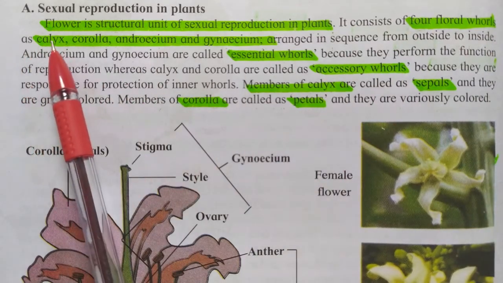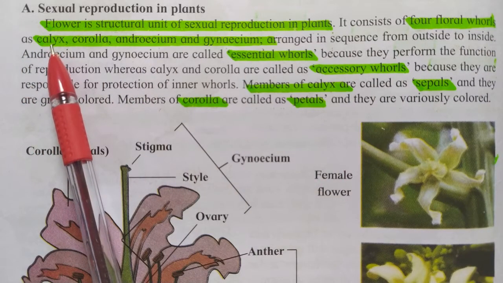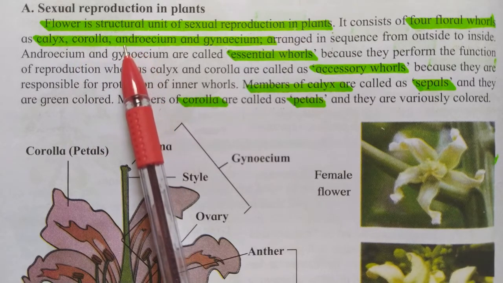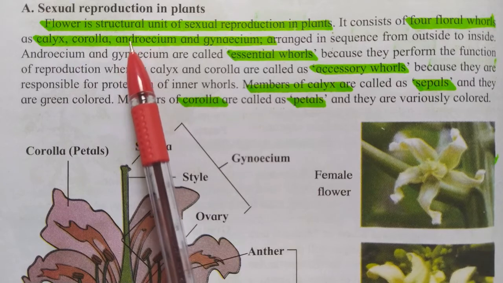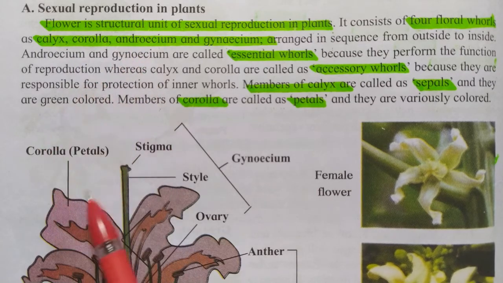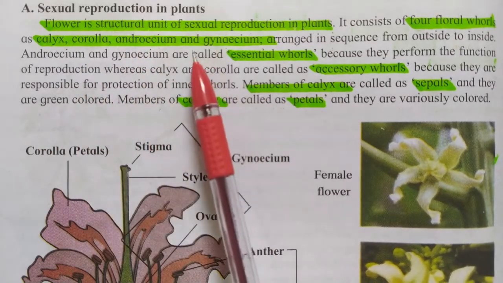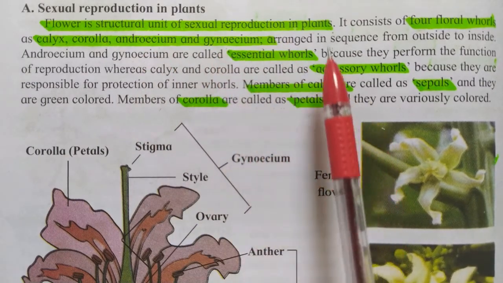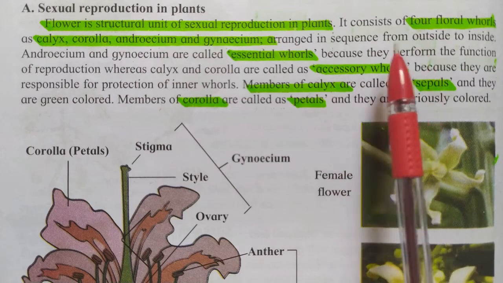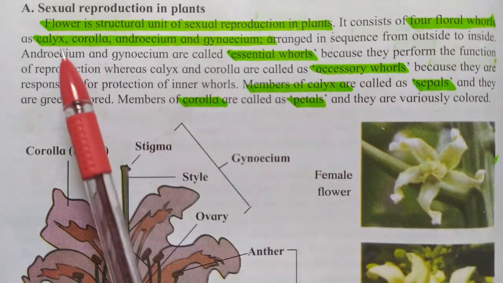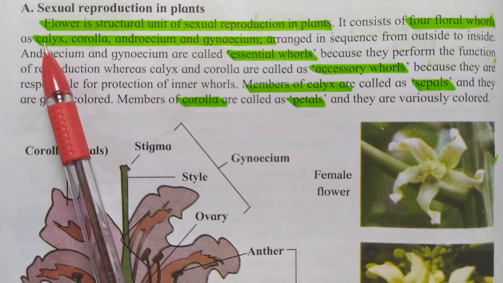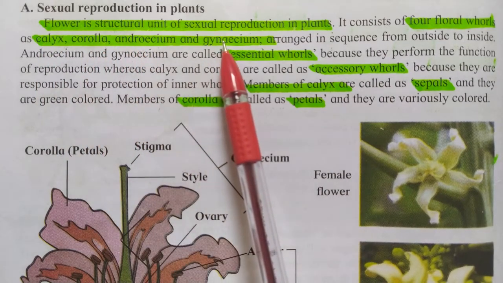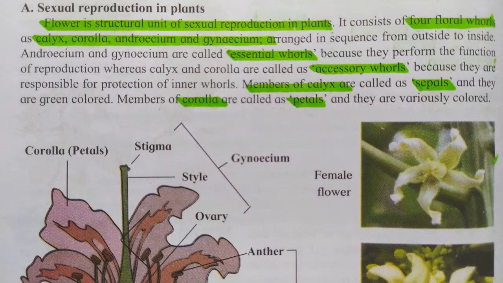They are calyx, corolla, androecium and gynoecium. They are arranged in a sequence from outside to inside. Initially calyx is the outer part, corolla next, then androecium and finally gynoecium.